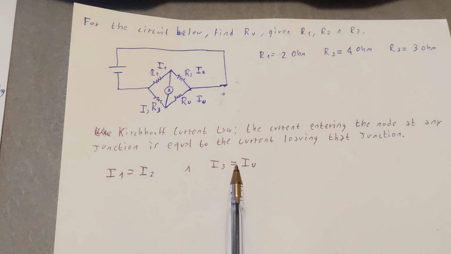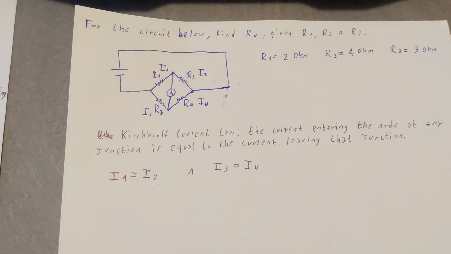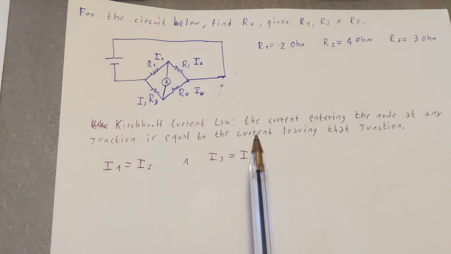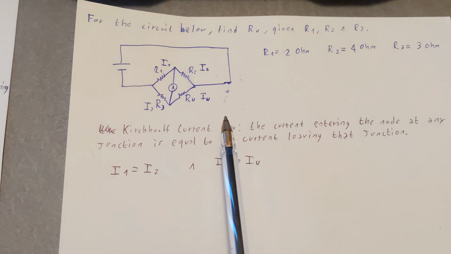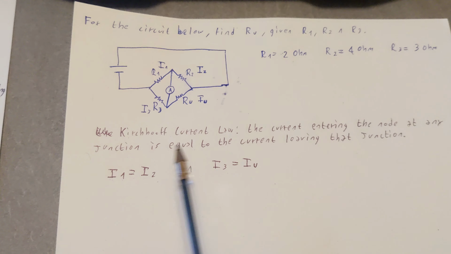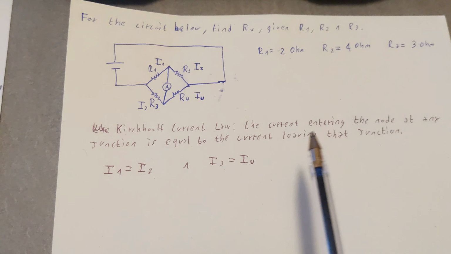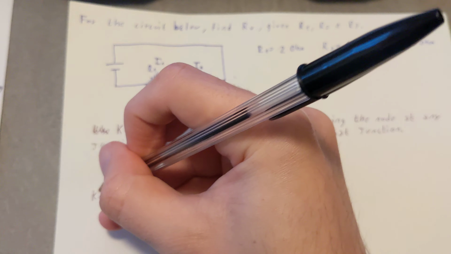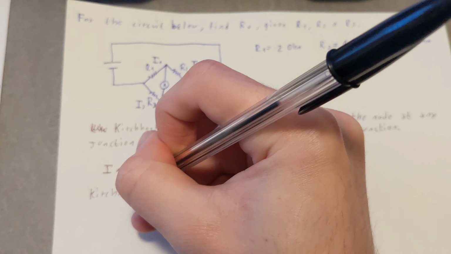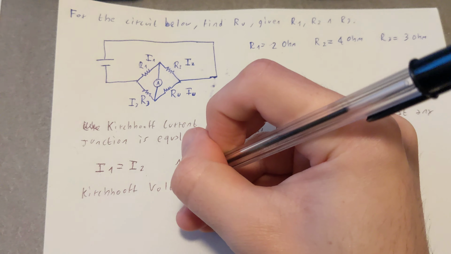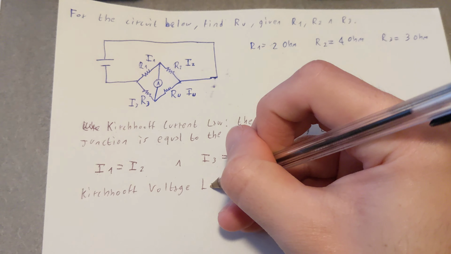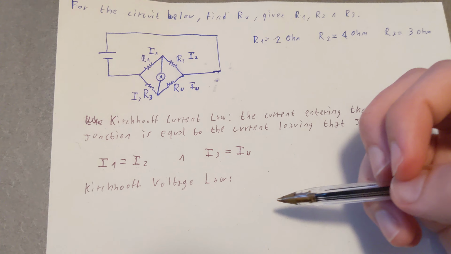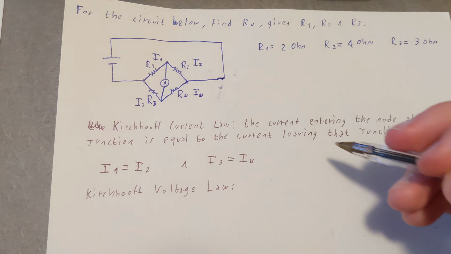This is important because it's going to allow us to go farther. To proceed, we're also going to need the Kirchhoff voltage law. So the Kirchhoff second law. This was the Kirchhoff first law. The Kirchhoff voltage law basically says that the sum of all the voltages around a loop is 0.